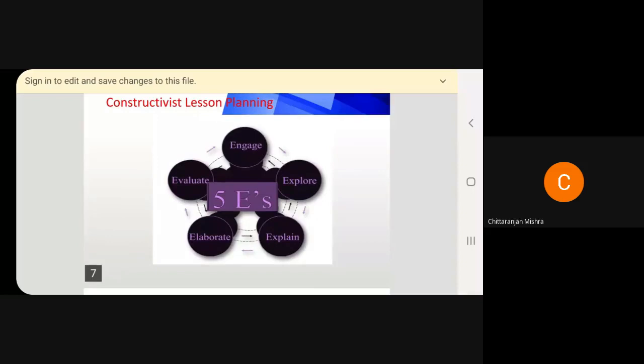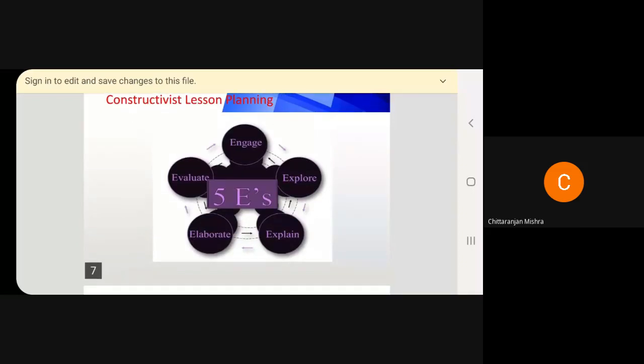Then the teacher asked what these things are. Suppose the teacher gave the picture of Rousseau and the picture of John Locke, and told the students to explore who they are. If they are able to identify it, yes, this is the picture of Rousseau, then the teacher asks, when you have listened to Rousseau, how did you come to know that he is Rousseau? Have you heard his name anywhere?